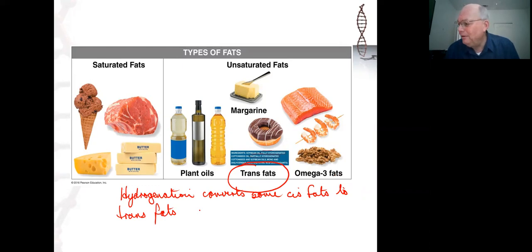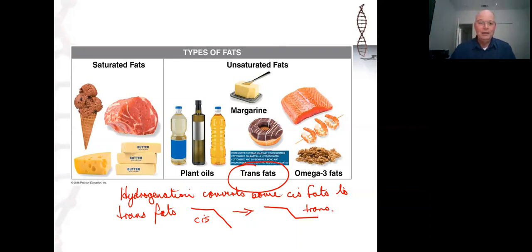And the effect is to go from a fat that has a kink in it like that to an unsaturated fat that goes like that. This is cis, this is trans. And so this behaves more like a saturated fat.